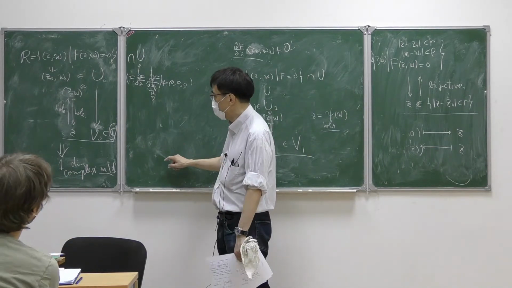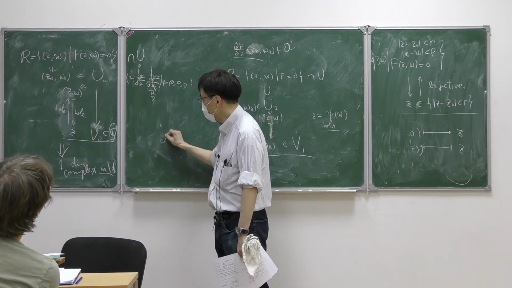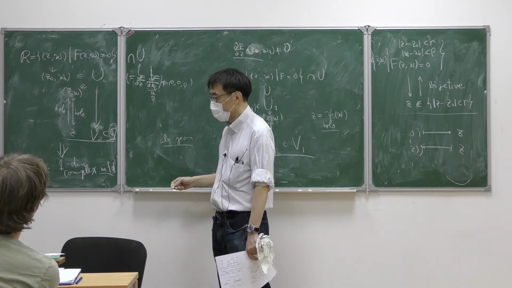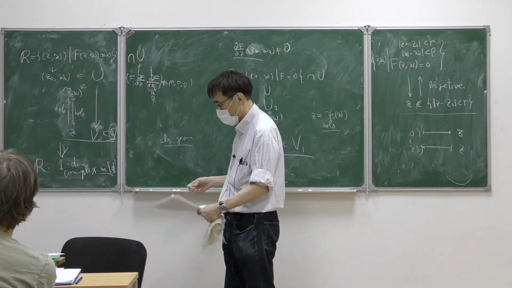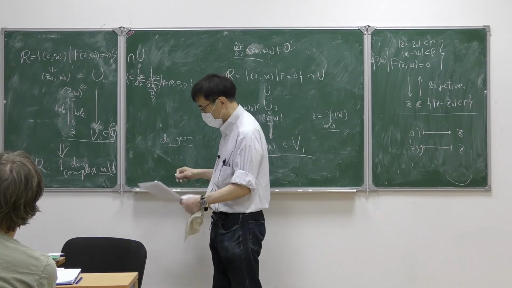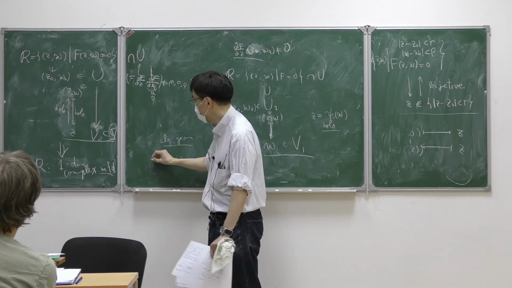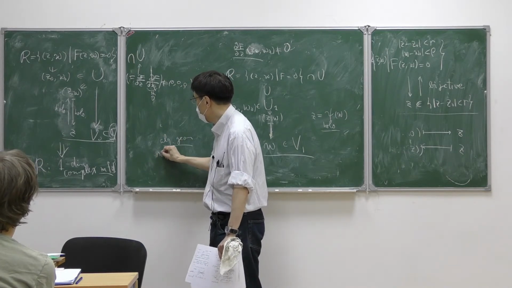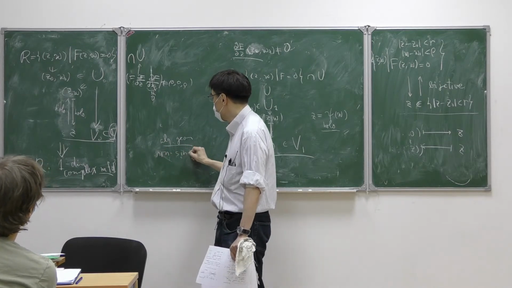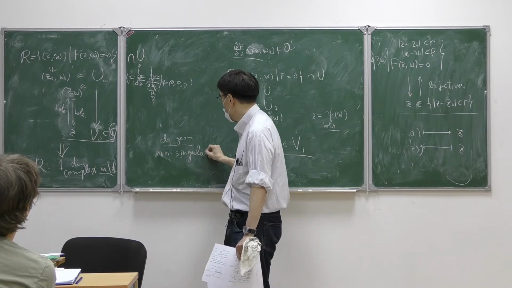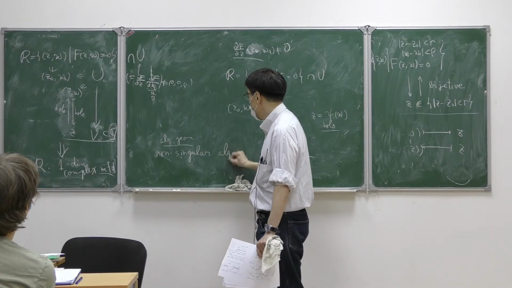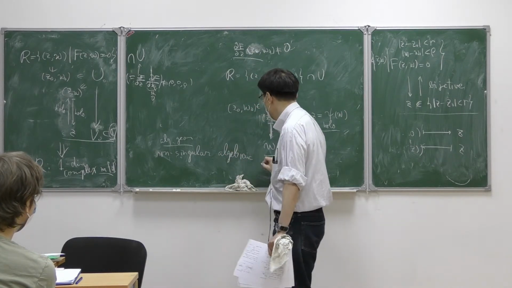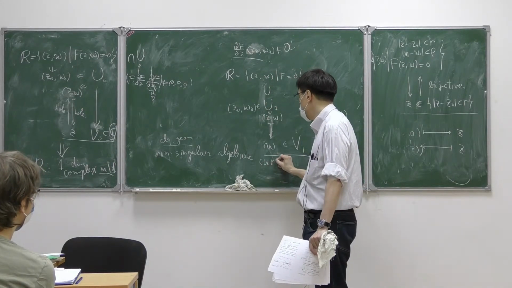So, well, in algebraic geometry, which I do not know well, such R is called a non-singular algebraic curve.